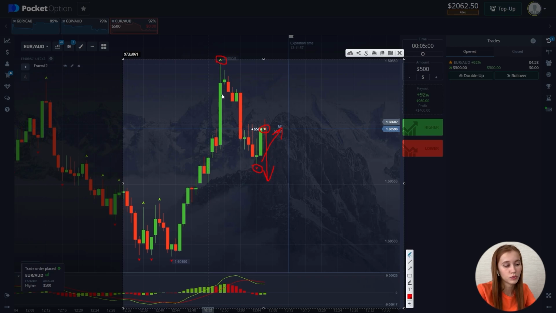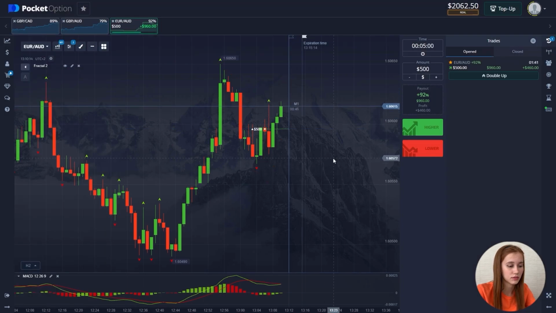If you see that before opening the deal the fractal up was updated and you do not see candles that may go higher, it means that the chart will move down. So it's easy, and let's wait for the closure.